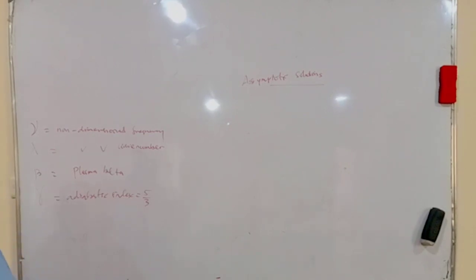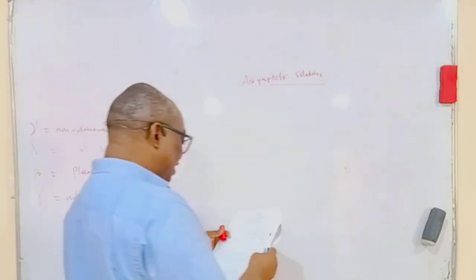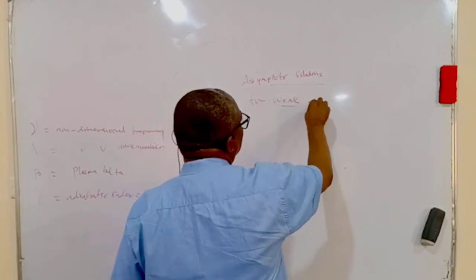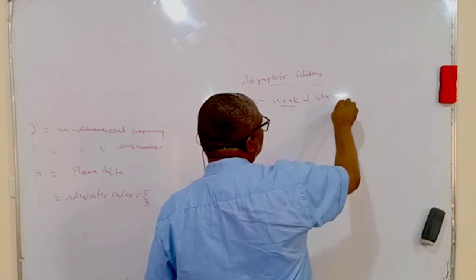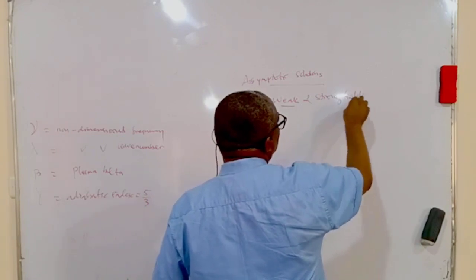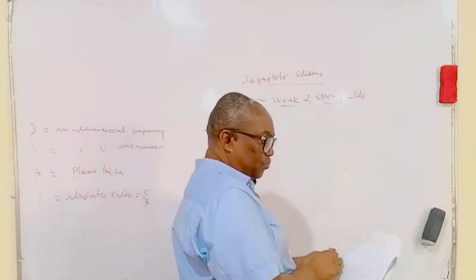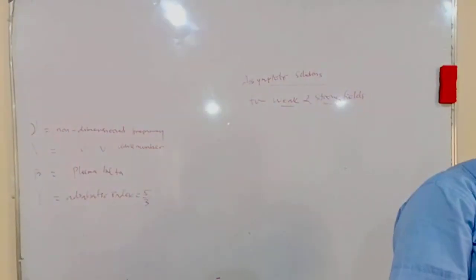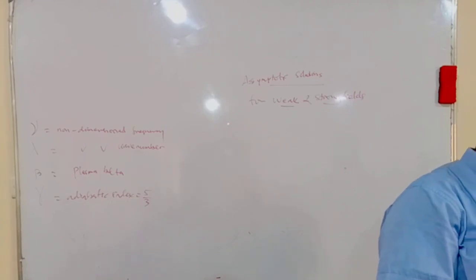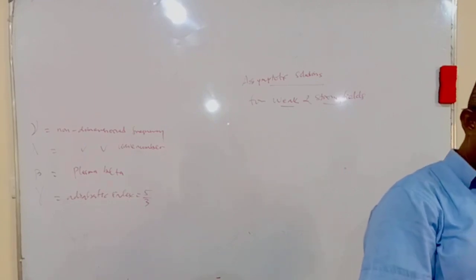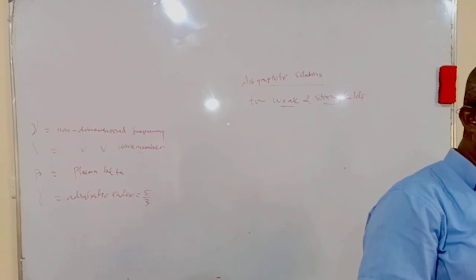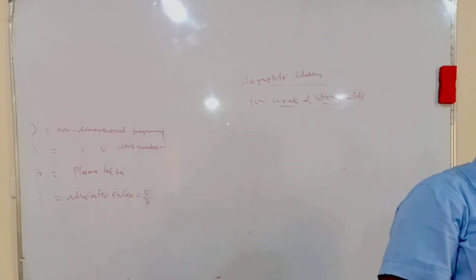So that will give us solutions for weak and then strong fields. So we want to look at situations where we talk about strong fields and then also the issue of weak fields.